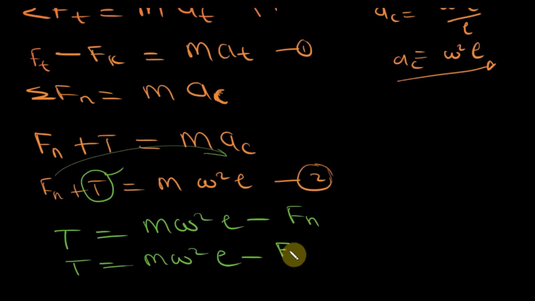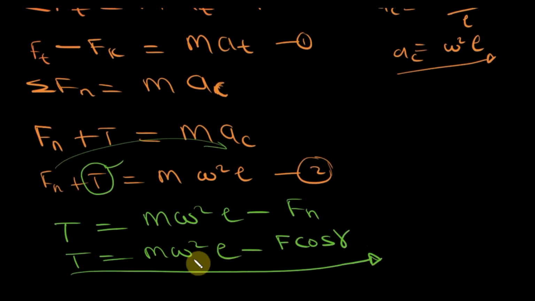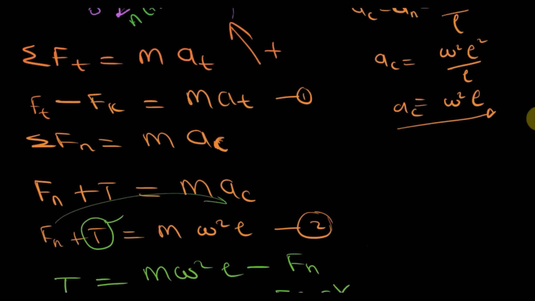Fn is thrust force cos gamma. This would give us our tension force. So if we find angular velocity at 10 revs, we already got our tension in the rod.